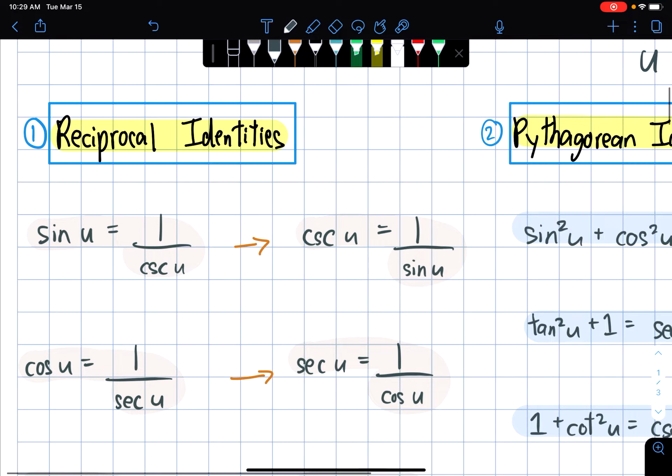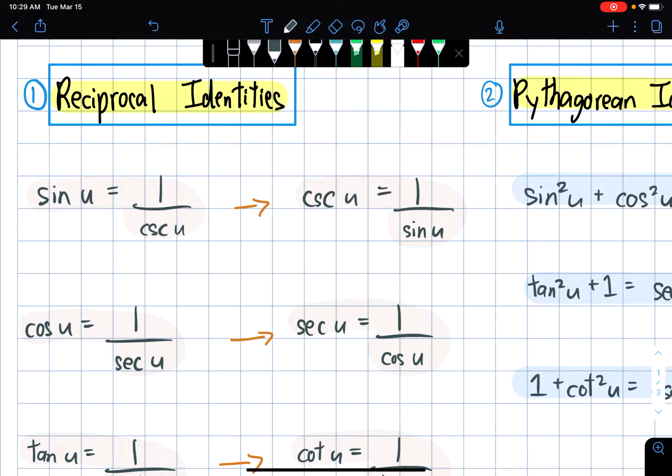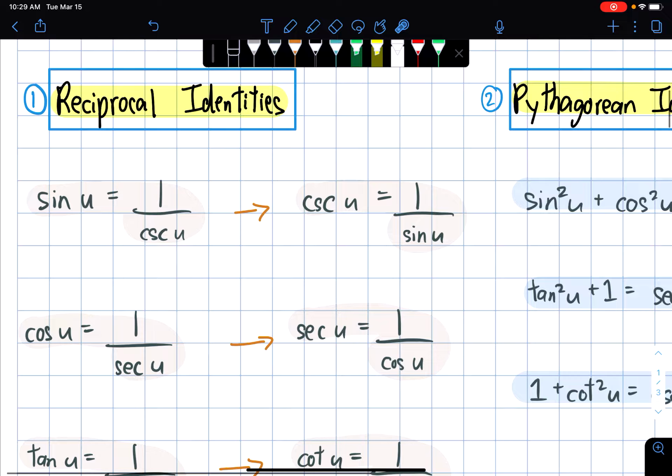So for reciprocal identities, we have sine u is equivalent to 1 over, I'm not exactly sure how this CSC is said in whole term. They're basically abbreviations, so maybe it's called cosecant if I'm not mistaken. But what you do have to know is that sine theta is equivalent to 1 over cosecant u.